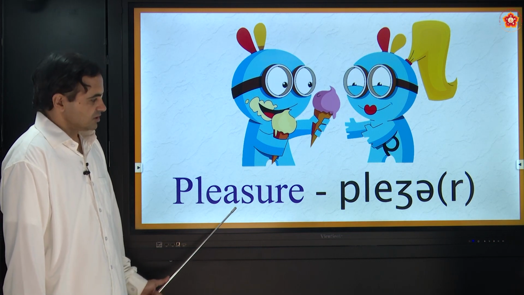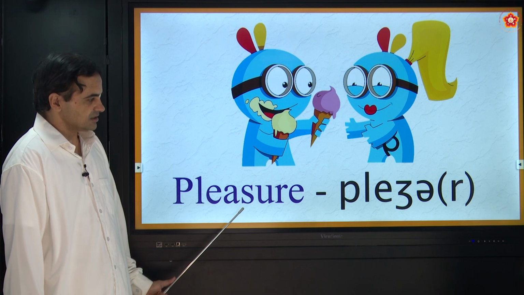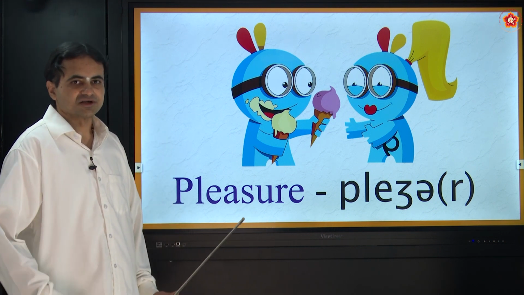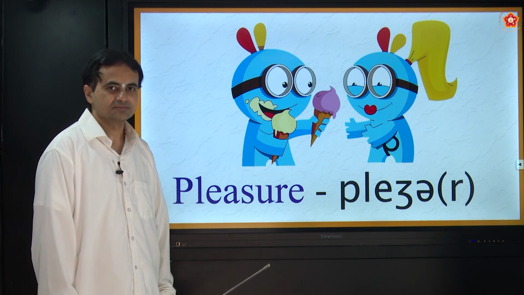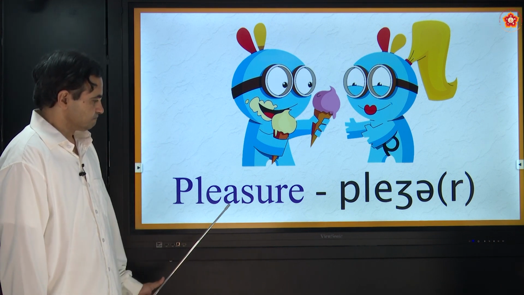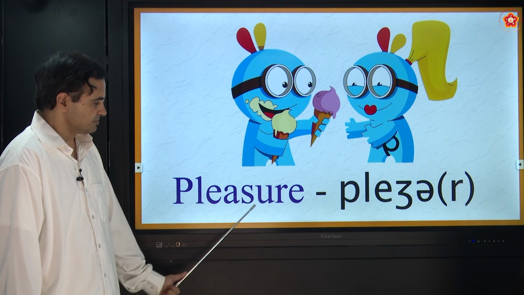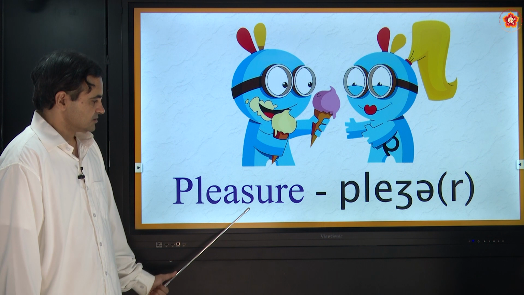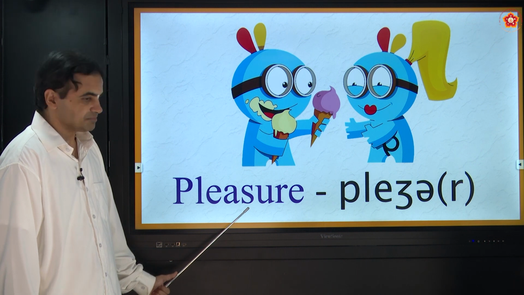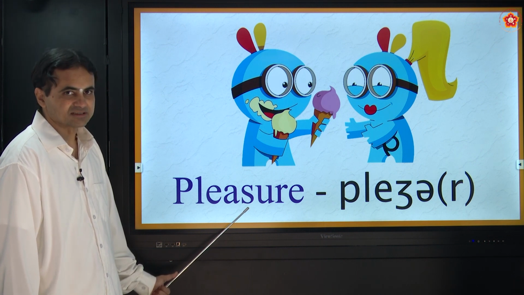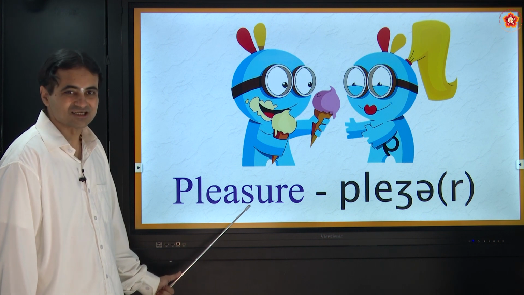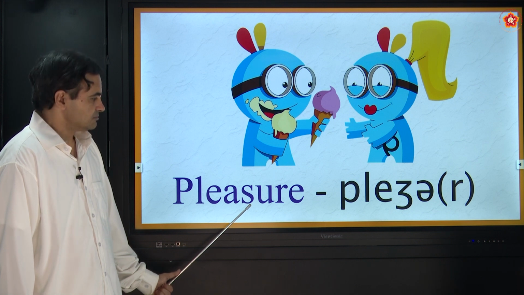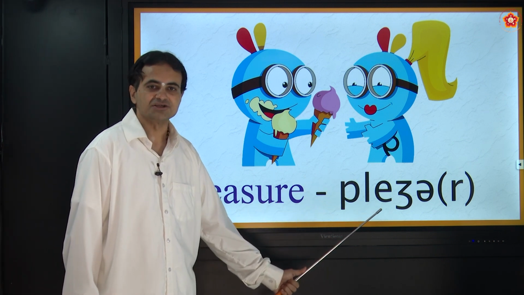This word all of us know. So here the general mistake some of us make, especially because of the regional accent, is that we make this mistake when we pronounce this letter. Here it is S. Generally some people cannot pronounce it as j, so they say it differently, but it should be pronounced as pleasure.